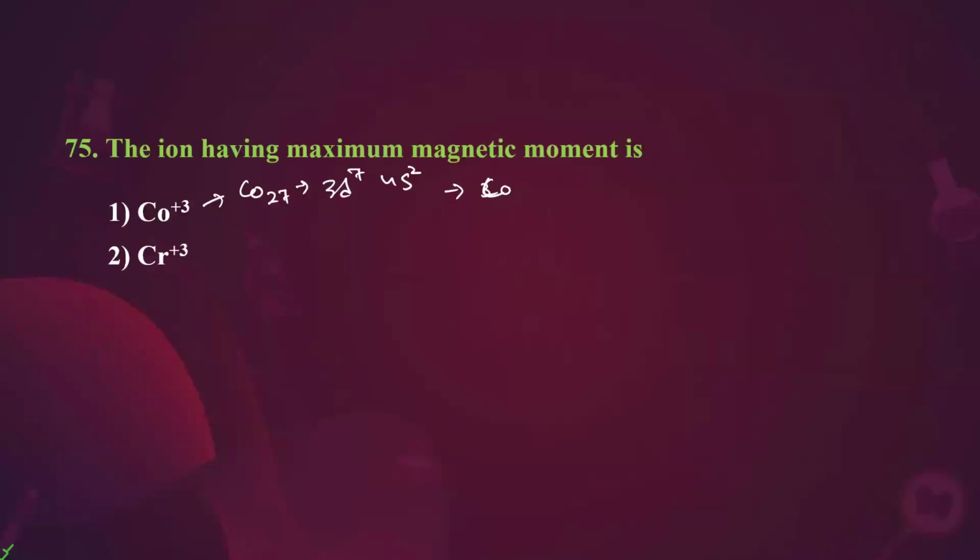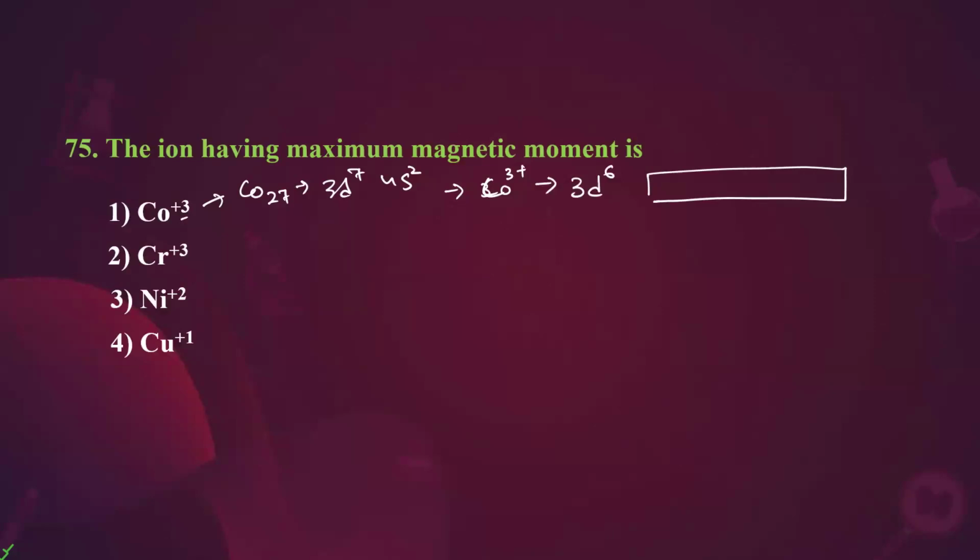The next question was cobalt 3+. Here 3+ means you have to remove 3 electrons. So Co3+ will have 3d6 configuration. The number of unpaired electrons will be 4. So n is equal to 4, mu is equal to 4.9 BM.